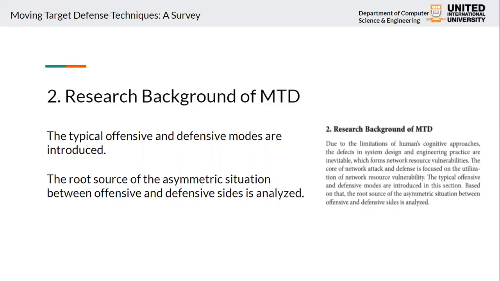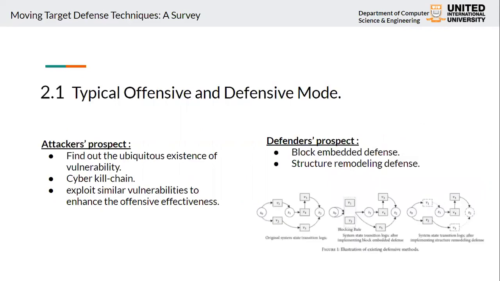Section 2, Research Background of MTD. This section has been elaborated in two different subsections. In the first, the author introduces the typical offensive and defensive models, and in the second, the root source of the asymmetric situation between offensive and defensive sides is analyzed.